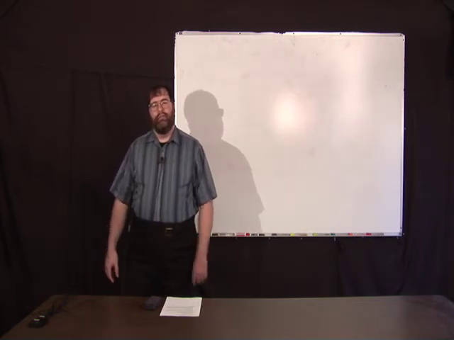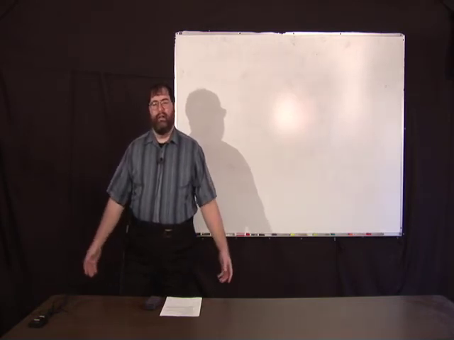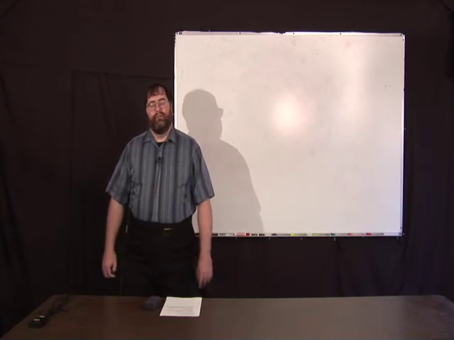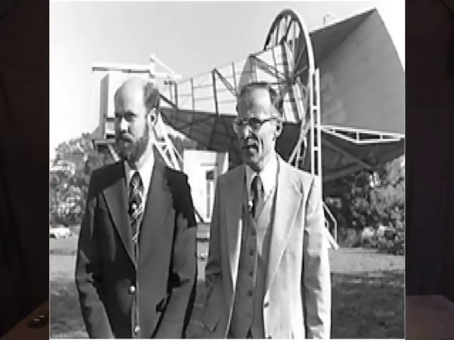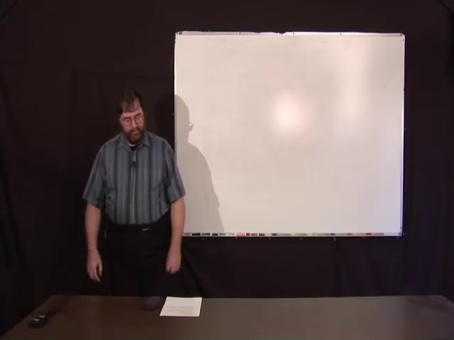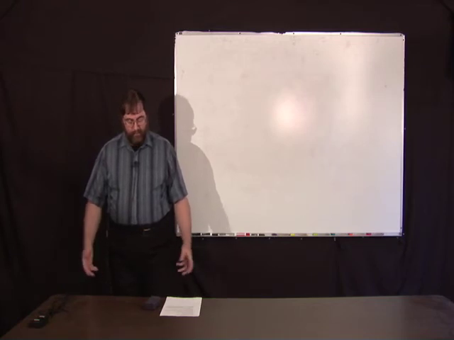Well, when the first communication satellites went up, that made that whole idea obsolete. So a couple of guys by the name of Arno Penzias and Bob Wilson decided, hey, if you're not going to use this anymore, we'd like to map the galaxy with it. So they were going to use this telescope to map the heavens, map the galaxy.